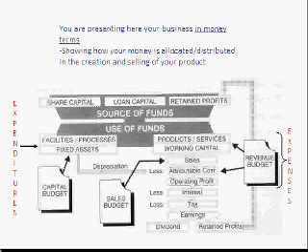You should show also how the money is allocated or distributed in the creation and selling of your product. So we have here capital budget for fixed assets, sales budget for how you're going to sell and deliver the goods to your customers, revenue budget, the cost of producing your product or service, and other attributable costs.